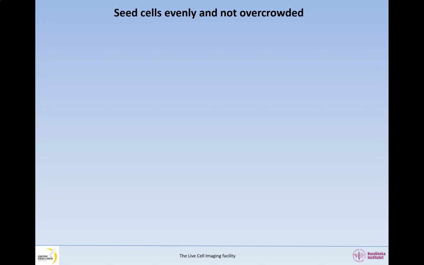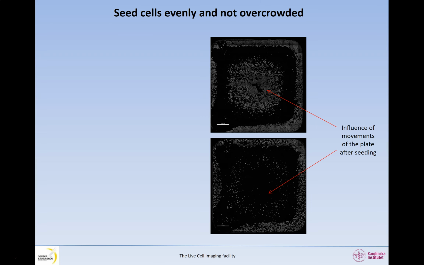This will assure an even distribution without high local concentration of cells, like for example in the images on the right, here at the center of the well and here at the edge of the well. This distribution is due to the sudden movements you perform when you move the plate from the bench into the incubator.